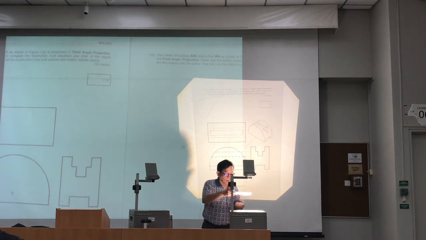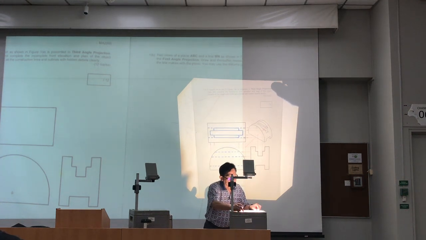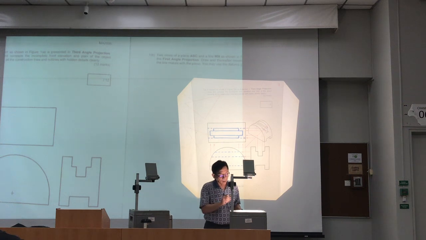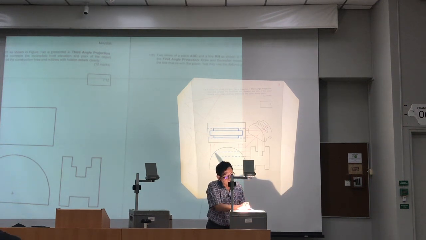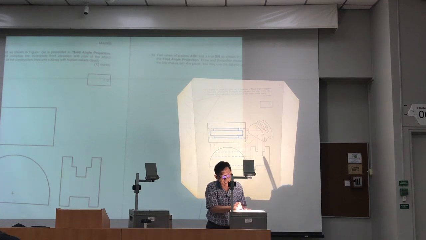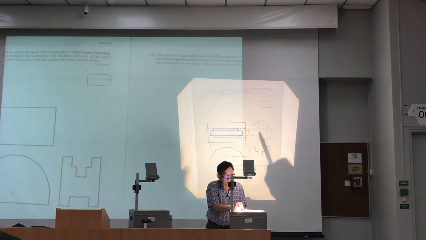This one. You don't take that point, you take this point and this point. Yes? You project it up, and then you locate where this point is. It is here and here. Yes? So you project up.